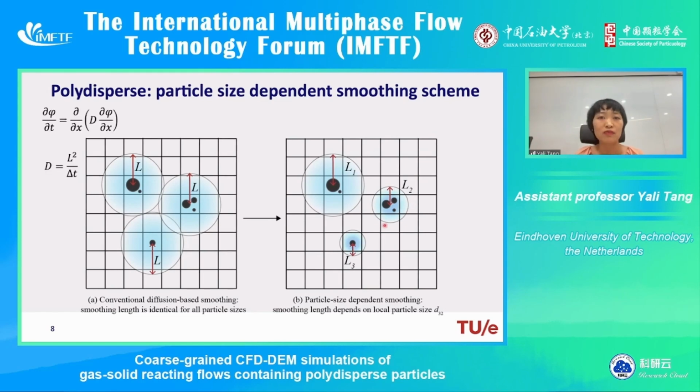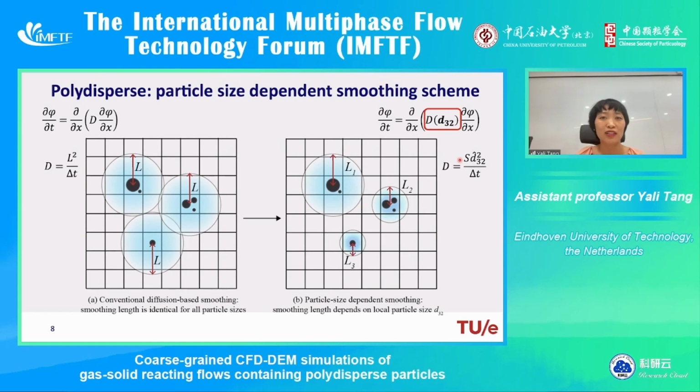Theoretically, this can be done quite easily by replacing the constant diffusivity with a diffusivity depending on the local particle mean diameter. This d32 is the mean diameter of the particles in the local cell. However, when we try to implement it in the solver, it is not very straightforward.